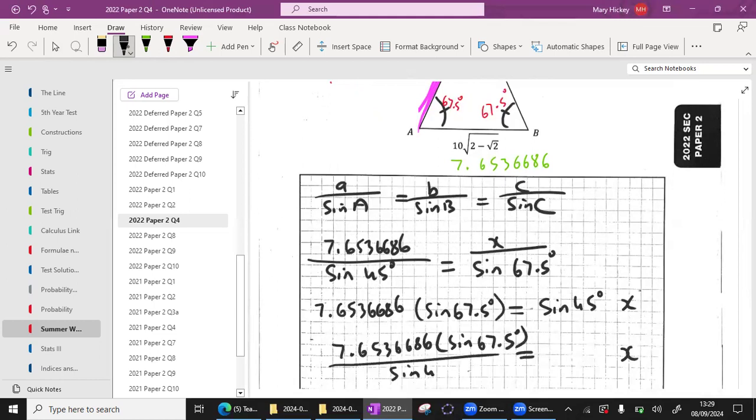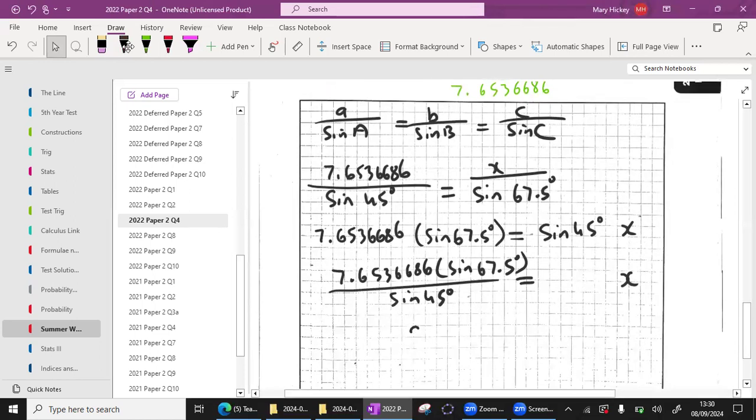And this then is just calculator work, so nothing too difficult here. 7.6536686 multiplied by the sine of 67.5, and then I'm dividing that by the sine of 45.